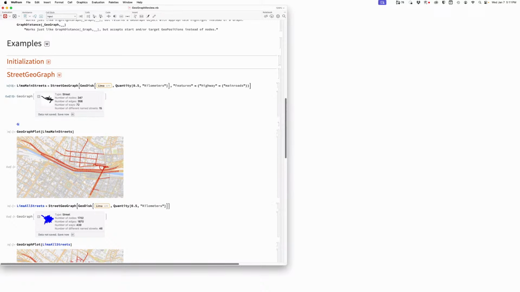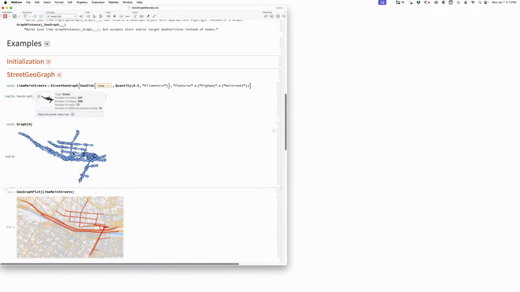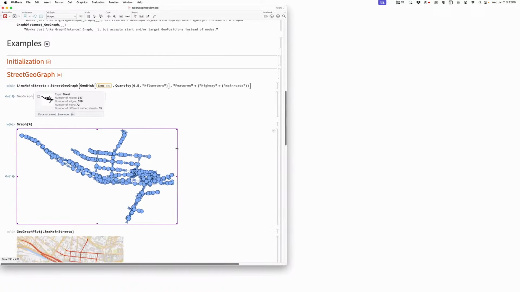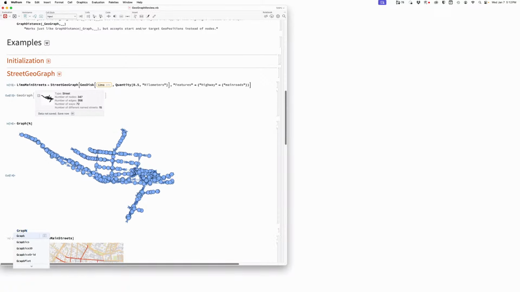Okay, so if I say graph, why are those dots so big? Is that an ordinary graph or is there something weird about it? It's an ordinary graph. Why are the dots so big? Those are the default settings.